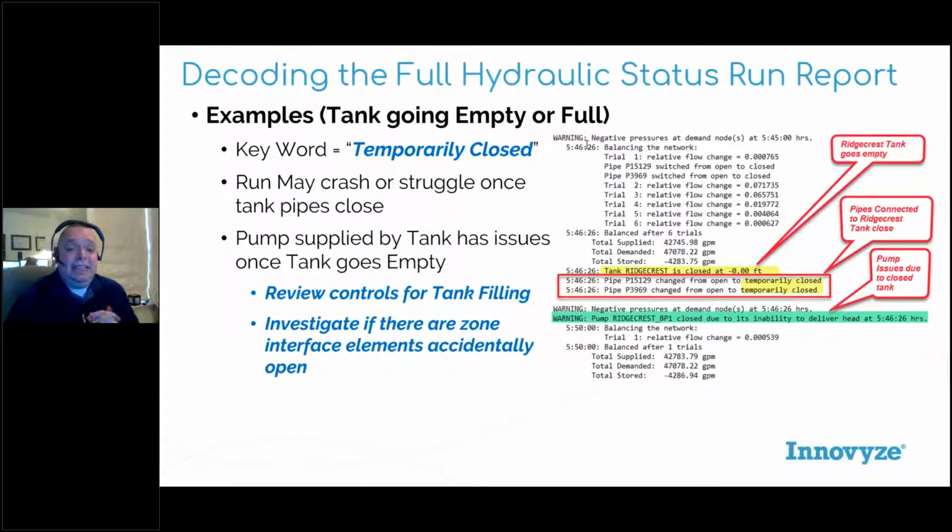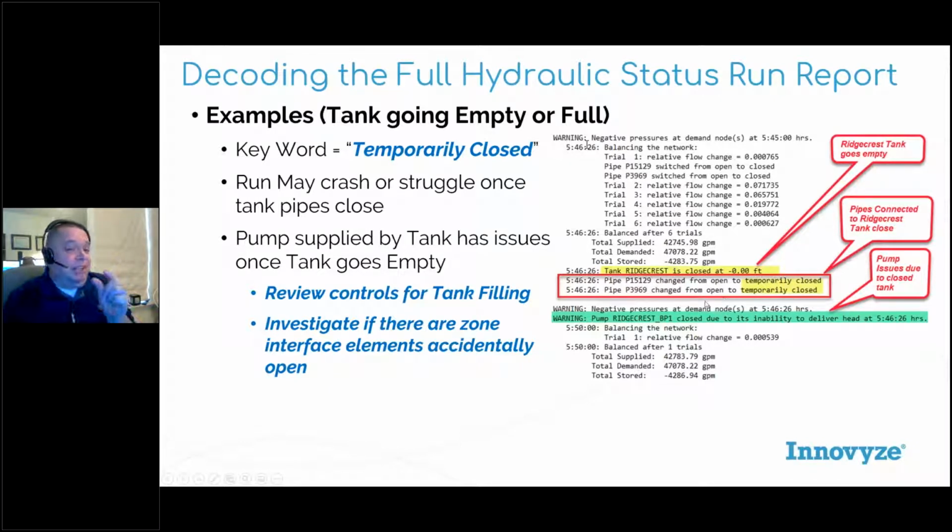Another key thing, if you've got a tank that is reaching 100% full, that's the maximum level, then all connected pipes to that tank are going to be temporarily closed. Or if the tank reaches 0% full, same thing, all connected pipes will be temporarily closed. So if you look in your report and you see these words, X element temporarily closed, it's usually a pipe.